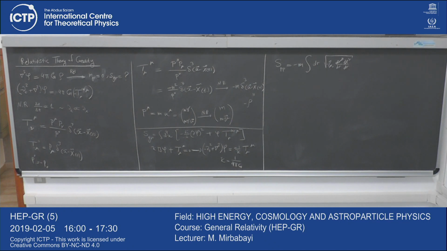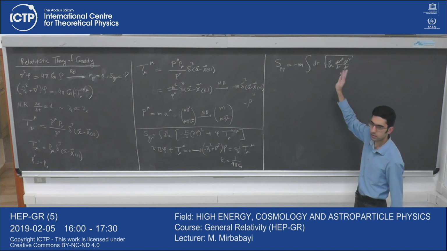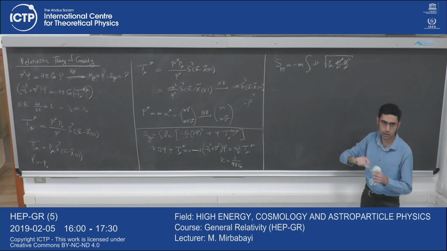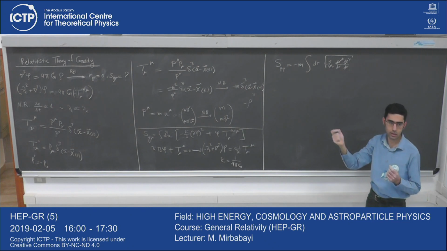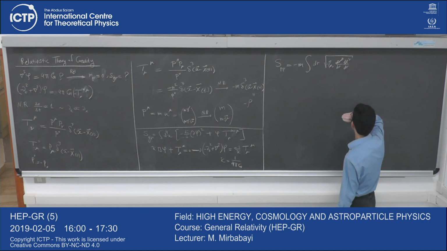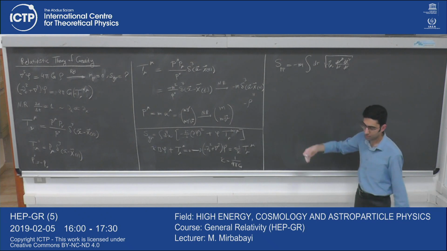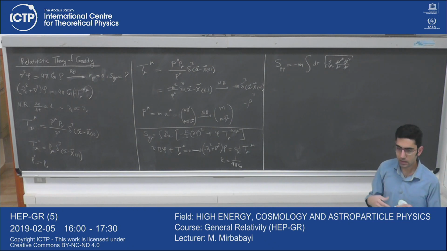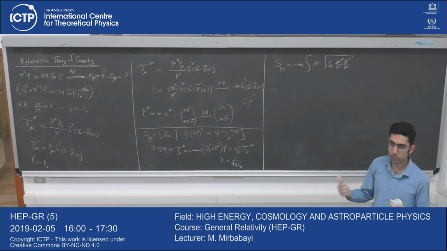And the rules of the game were to write something that respects the Poincare symmetries, and then we also have the reparametrization symmetry of this action, the fact that we can choose any variable to parameterize this world line. And then the easiest thing, and then there were other rules which were asking about the number of derivatives and the number of fields.